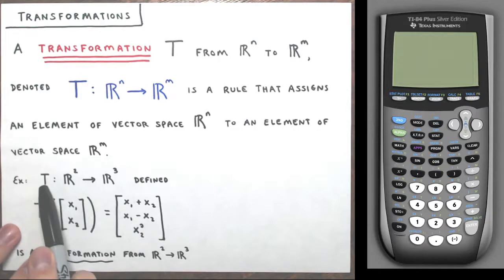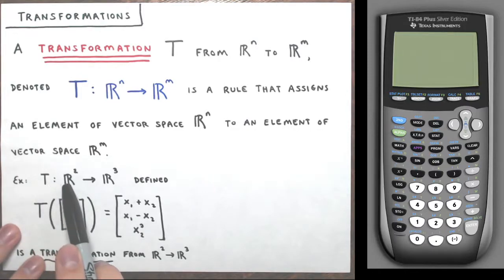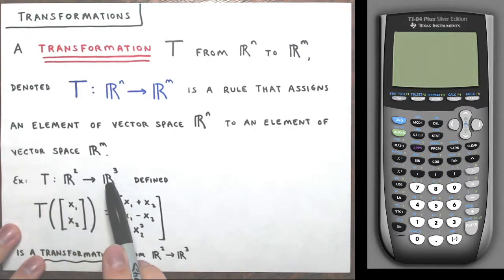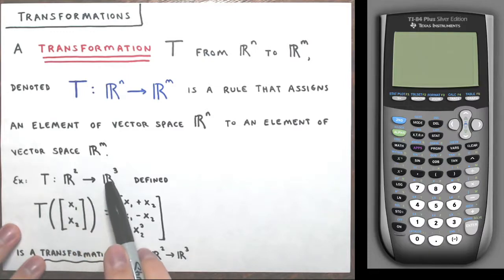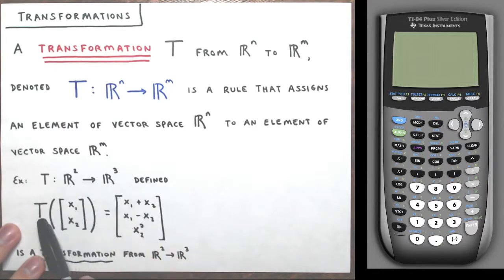I have a transformation T from, say, R2 to R3. So my inputs are going to be vectors with two components from R2, and my outputs are going to be vectors with three components from R3. And the way the rule is defined is this way. It's just like function notation, where you have the name of the rule, T, the name of the transformation.